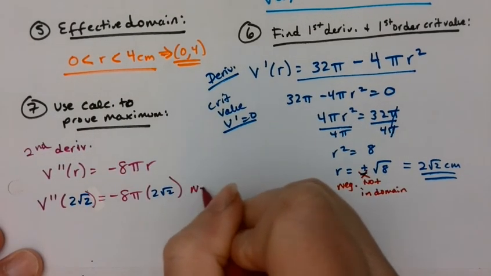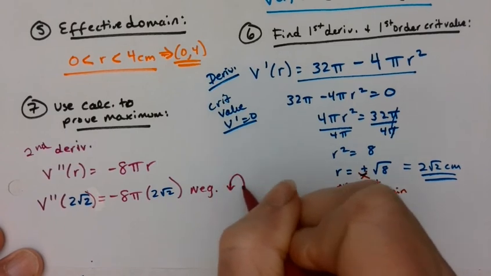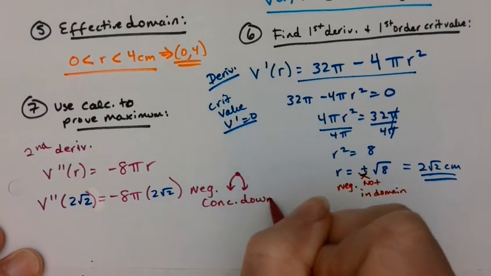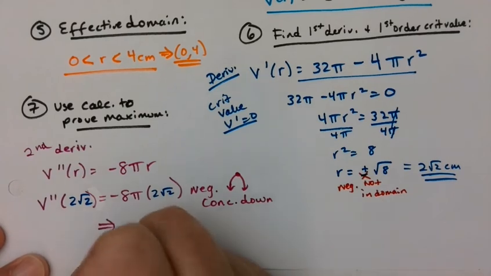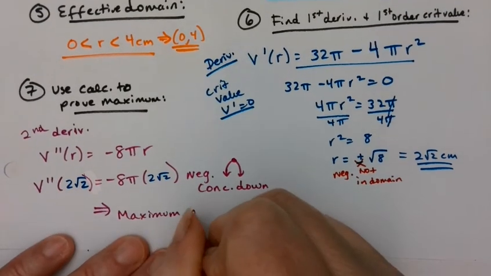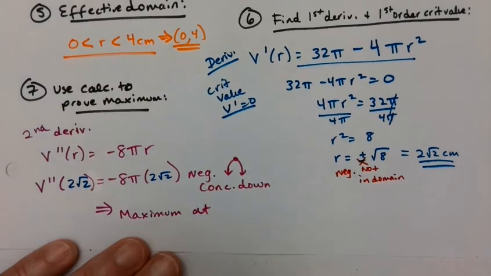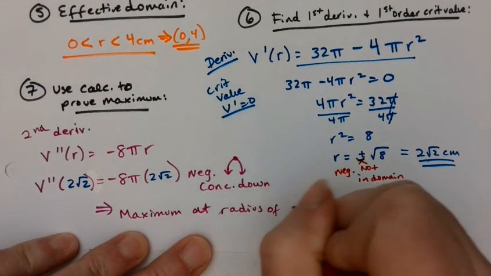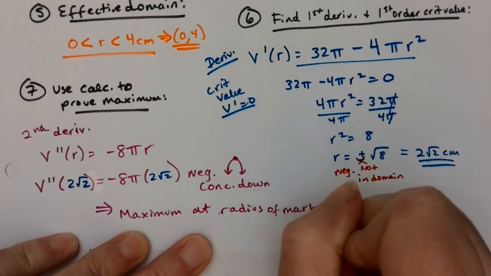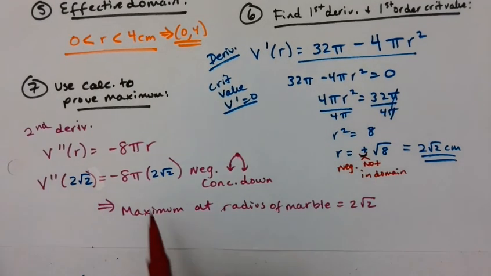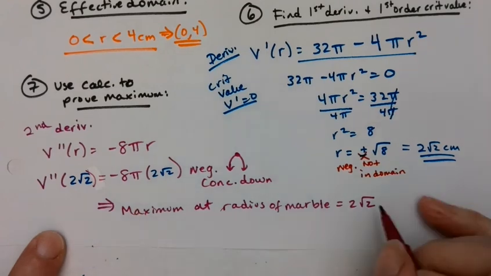So it's negative. That means that it's concave down, and that means that we have a maximum at, let's see, the radius of the marble equals 2 square root of 2 centimeters.